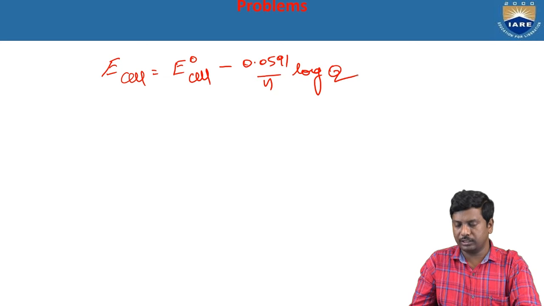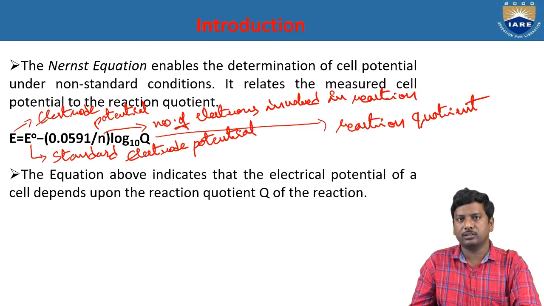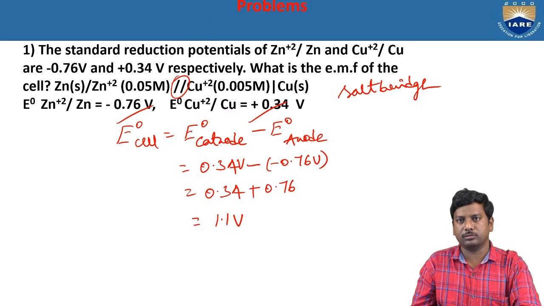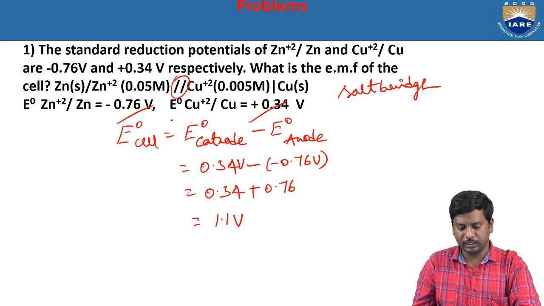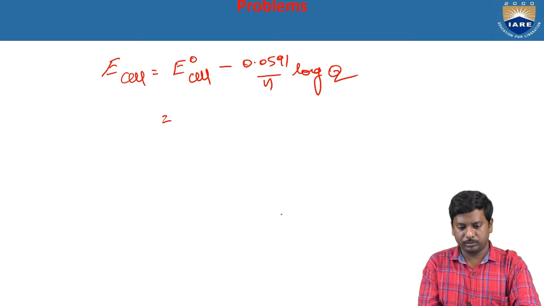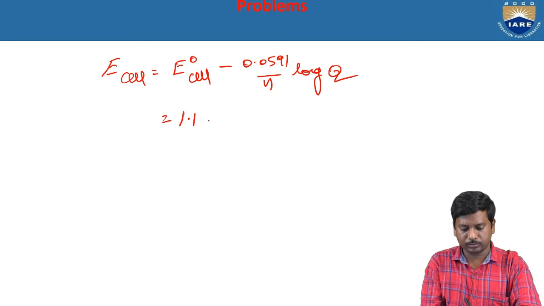We saw the formula in the previous slide: E cell is equal to E naught cell minus 0.0591 by n log 10 base Q. The cell potential we already measured is 1.1 volts, so that should be substituted in this equation.